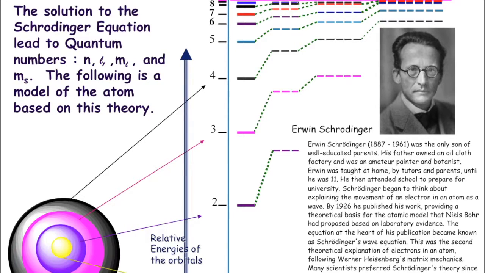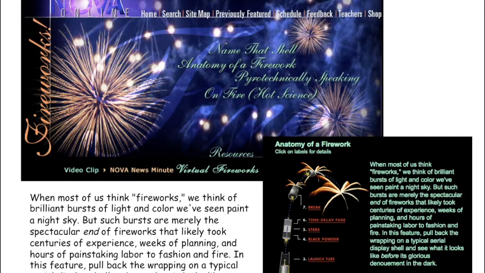Schrodinger did some calculations, and he said, no need to argue. These two theories are actually the same. They just present it in a different form. So that was Schrodinger. So you have an idea of how we were able to probe how the electrons are housed in an atom.